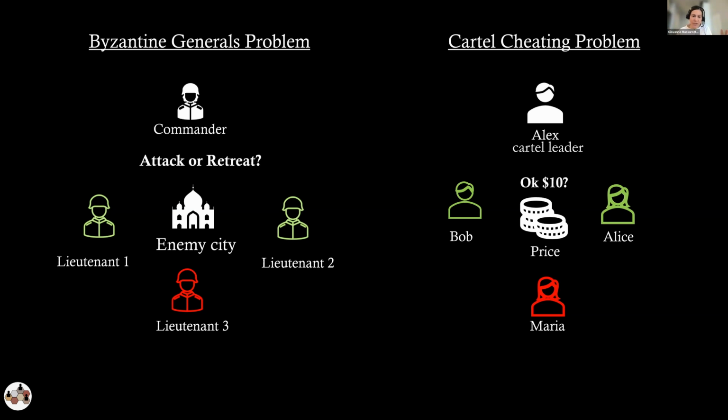So I found it interesting to draw an analogy between the Byzantine Generals Problem and the cartel cheating problem in my antitrust context. Let's see how. The paper that theorized this problem and called it the Byzantine Generals Problem was published by Leslie Lamport, Robert Shostak, and Marshall Pease in 1982.